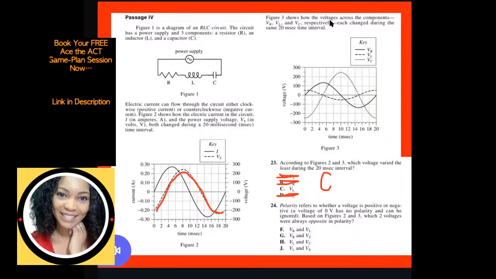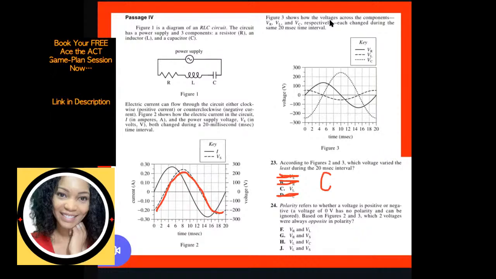Based on figures 2 and 3, which two voltages were always opposite in polarity? I'm going to read that one more time, guys. Polarity refers to whether a voltage is positive or negative. A voltage of 0 has no polarity and can be ignored. Based on figures 2 and 3, which two voltages were always opposite in polarity?